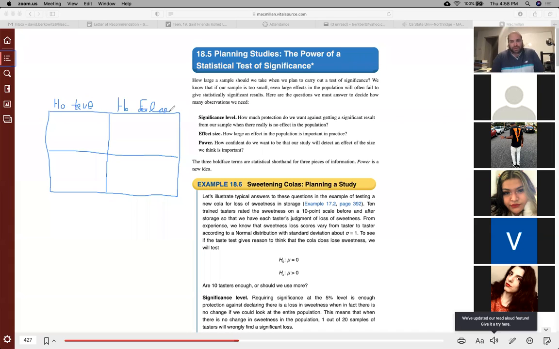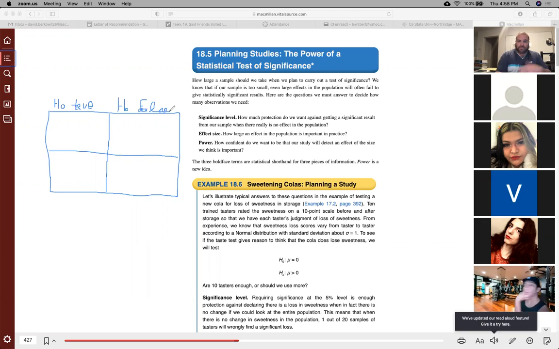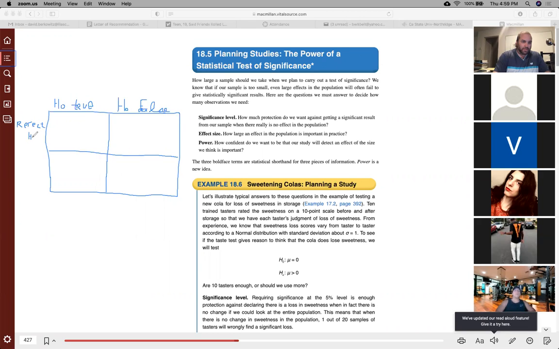So you have two possibilities, right? Either the null hypothesis is true or the null hypothesis is false. It's got to be one or the other, right? And you can do two things. You can either reject the null hypothesis, or you can not reject the null hypothesis.